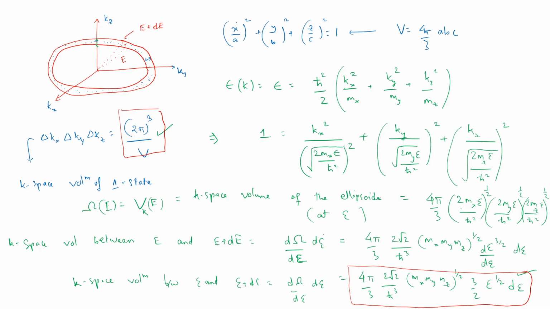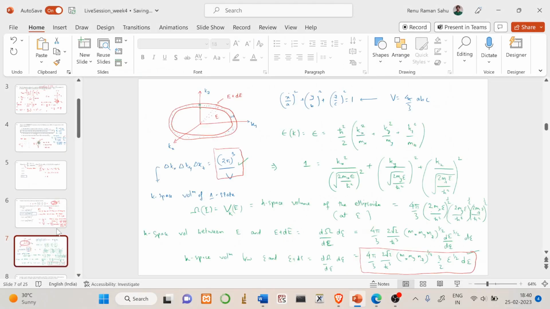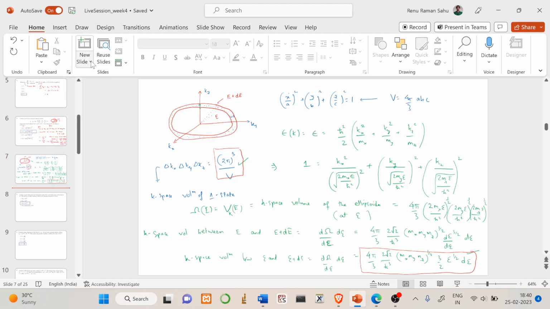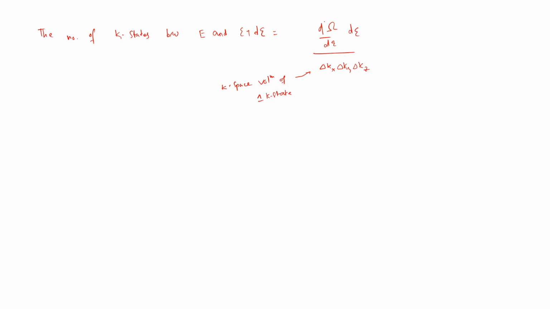So the number of k states between E and E plus dE is equal to d omega by dE into dE, divided by the k space volume of one k state.